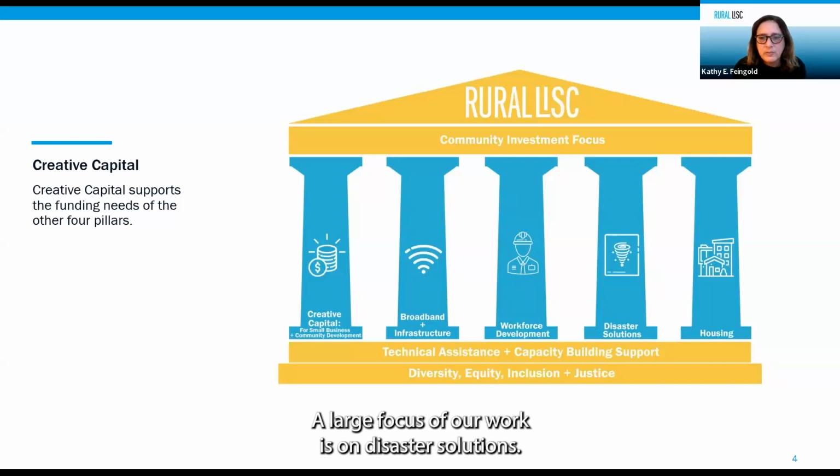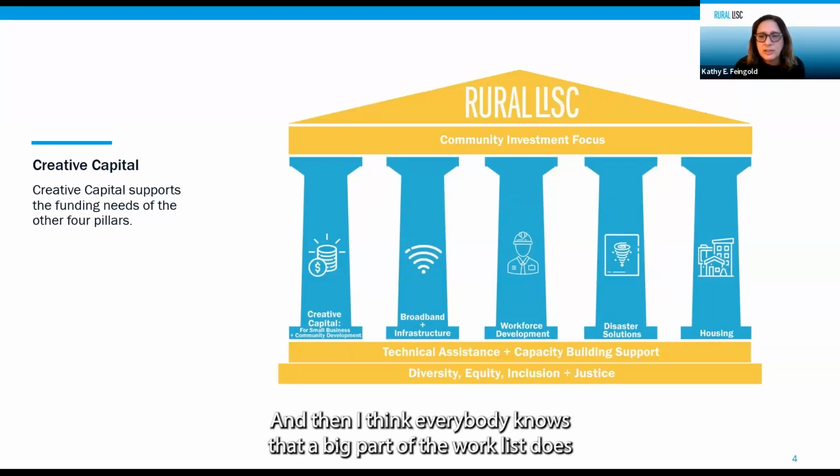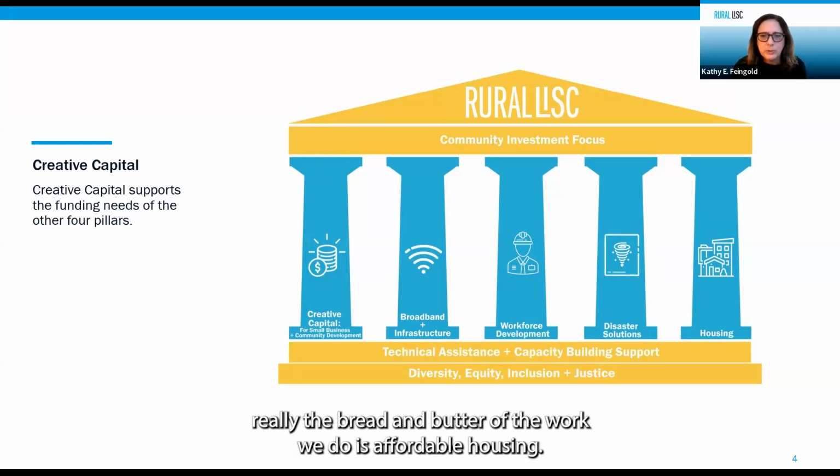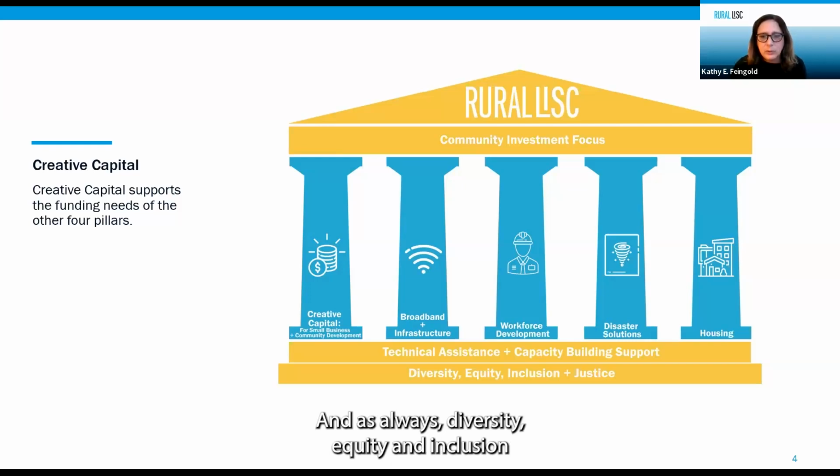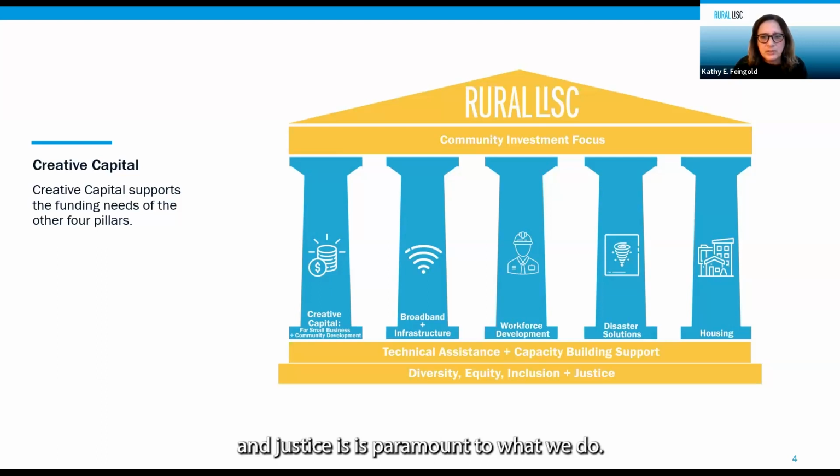A large focus of our work is on disaster solutions. And I think everybody knows that a big part of the work LISC does, really the bread and butter of the work we do, is affordable housing. LISC is known for its technical assistance and capacity building support towards some of these programs. And as always, diversity, equity, inclusion, and justice is paramount to what we do. Next slide, please.